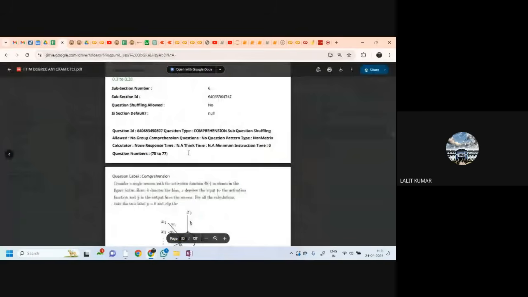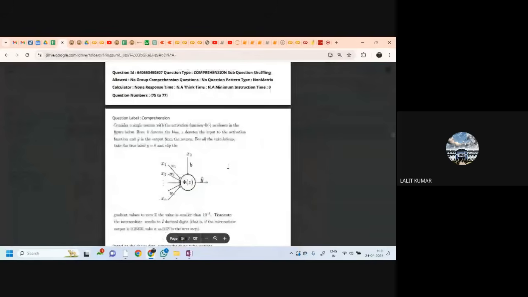Then we consider a single neuron with activation function phi as shown in the figure below. Here B denotes bias, Z denotes the input to the activation function, and y hat is the output. For all the calculations, take the true label y equal to 0 and clip the gradient value to 0 if the value is smaller than 10 to the power minus 5.